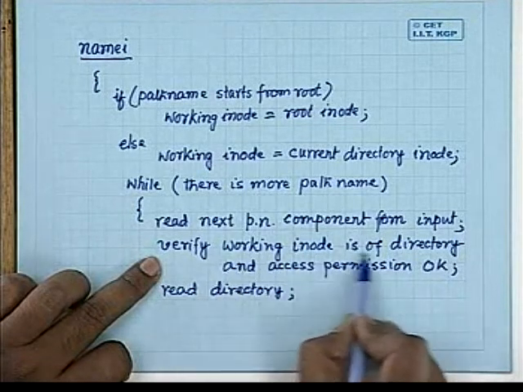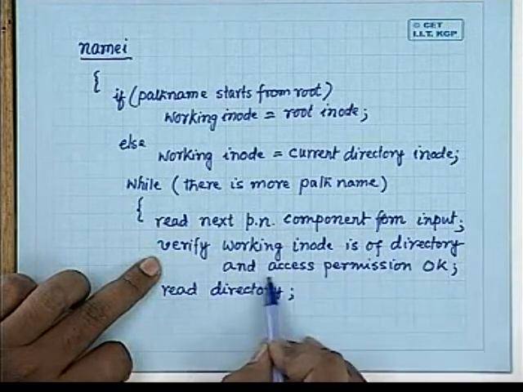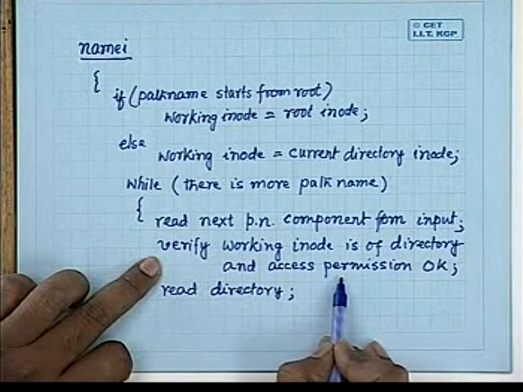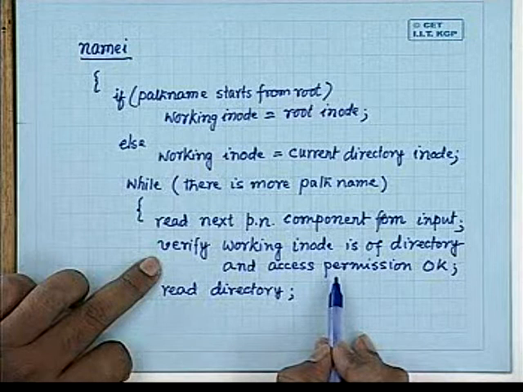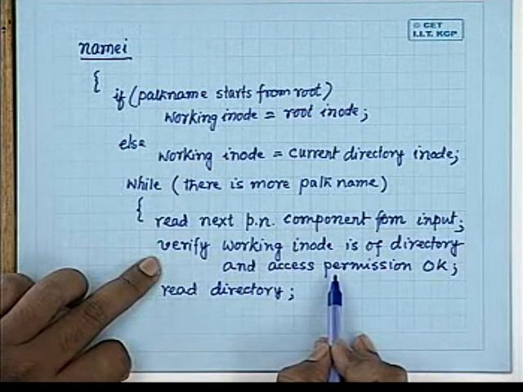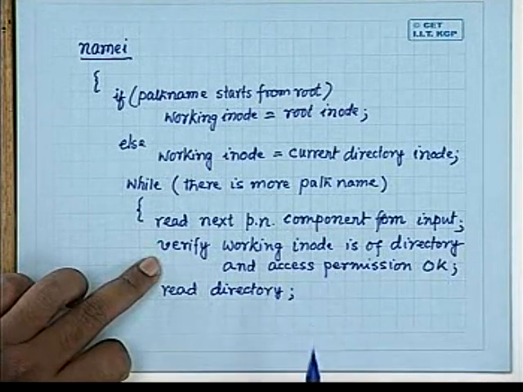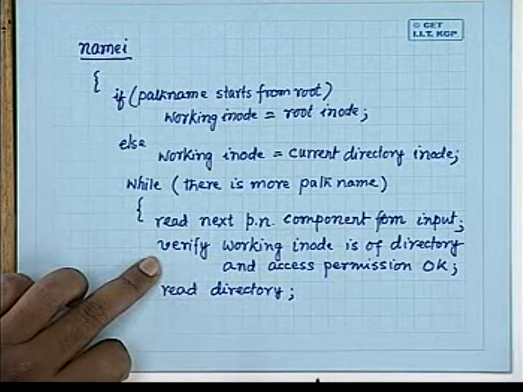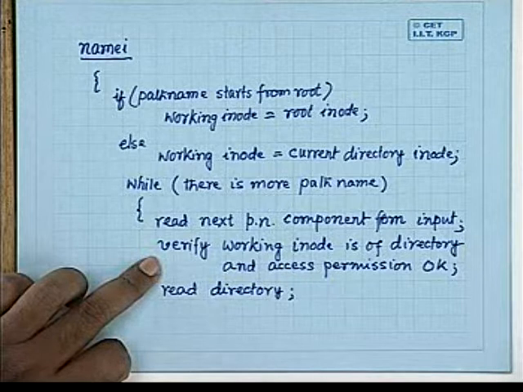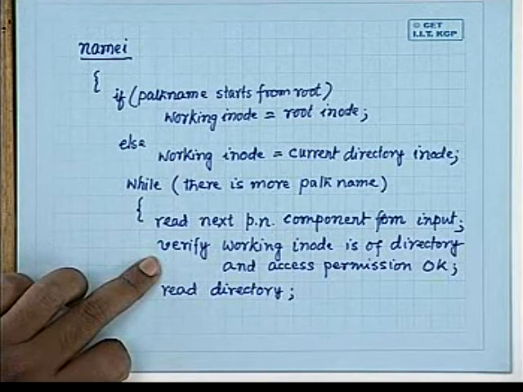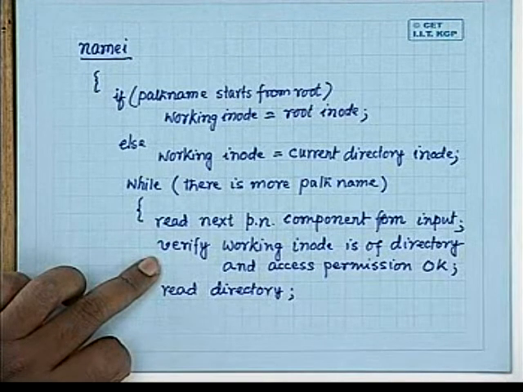Okay. Not only that, it has to be a directory. At the same time, the process should have the search permission in that directory. As we have said, for every directory or every file, we have a number of permissions given by read, write and execute. Read means you can read the content, write means you can write into the file or modify the file, and execute means you can execute the file.